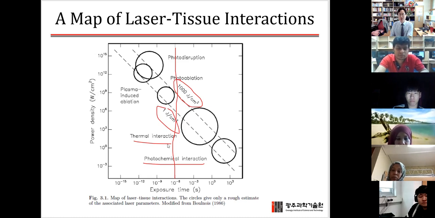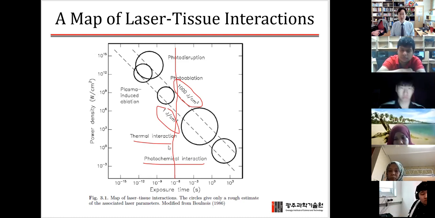Thermal interaction is going to happen when our tissue absorbs the energy from the light. And to have heat production, it should have high enough photon energy. Otherwise, there will be no significant increase of the heat.